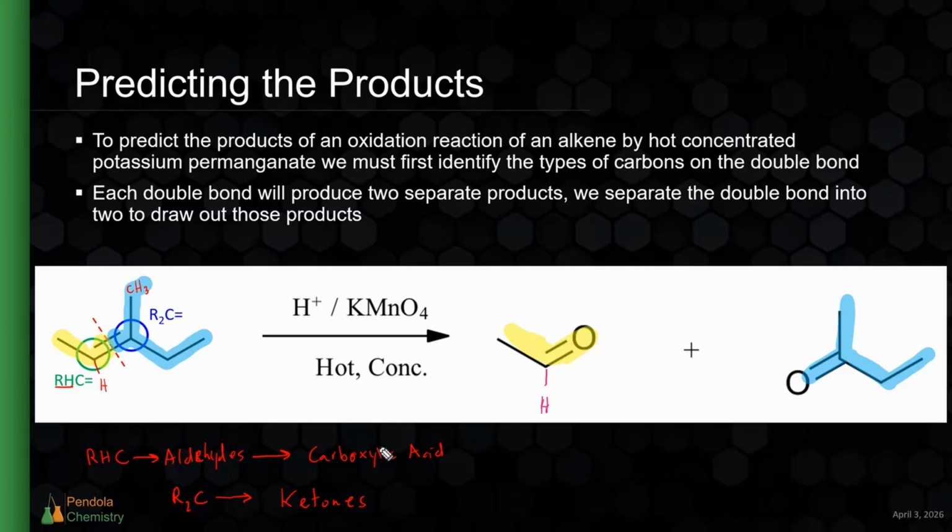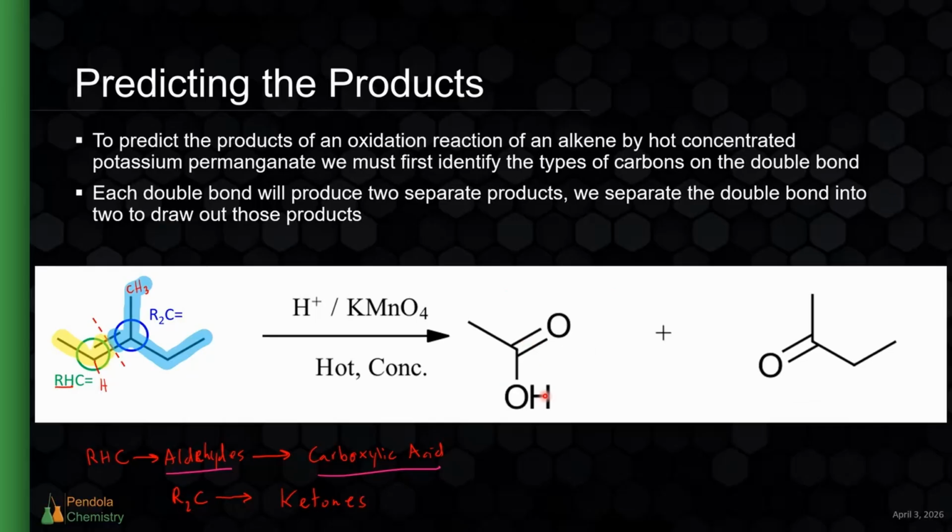But remember that that aldehyde is going to be further oxidized into a carboxylic acid. So once we have our aldehyde and our ketone, we do need to further oxidize this aldehyde into a carboxylic acid by adding an OH to the bottom.